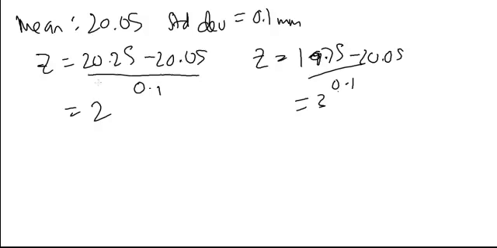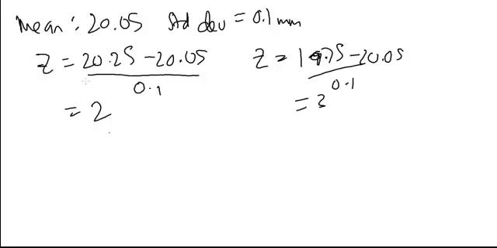So you're far less likely to make pieces which are too small because your average is now 20.05. Likewise, now the mean is bigger, so you only need something to be 2 standard deviations away to be too big, while before you needed 2.5 standard deviations.